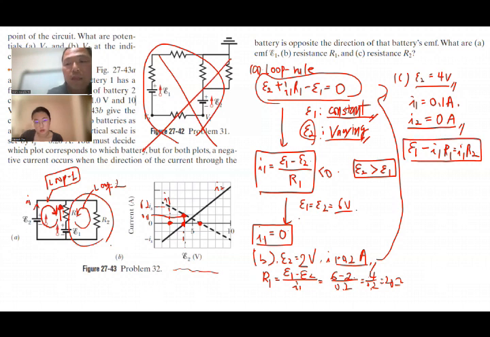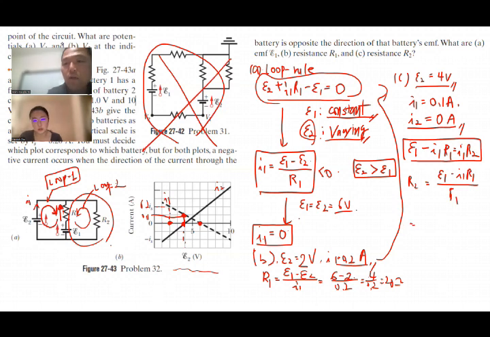So now from that, R2 is E1 minus I1 R1 over I1.